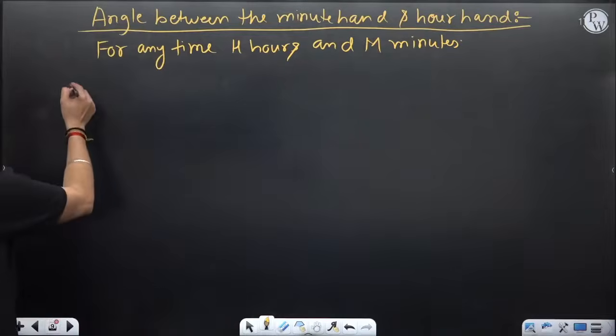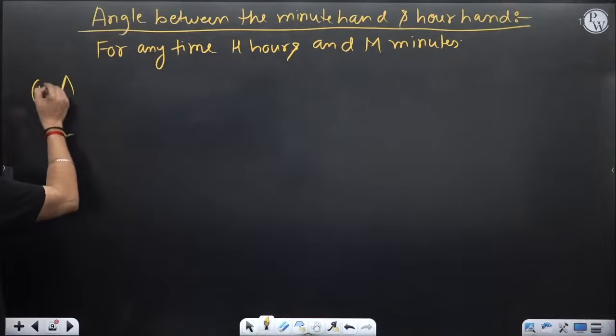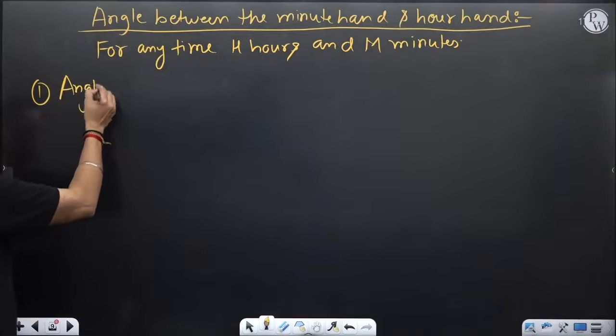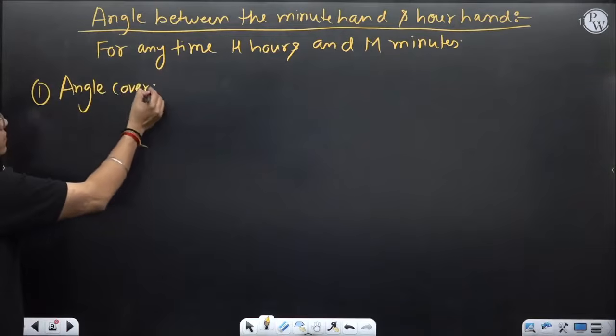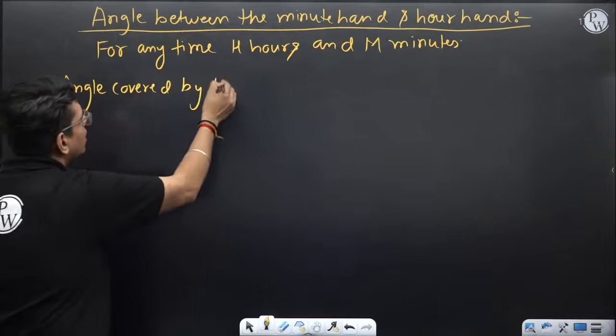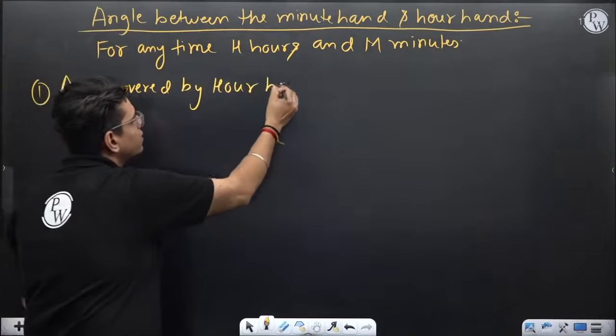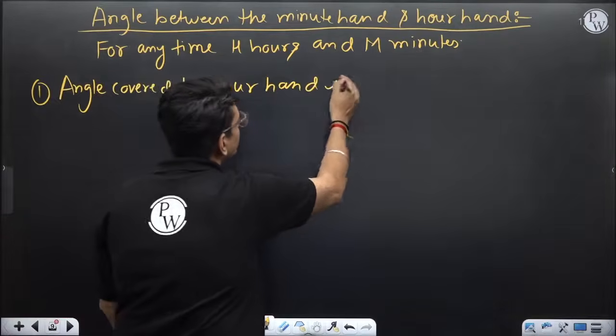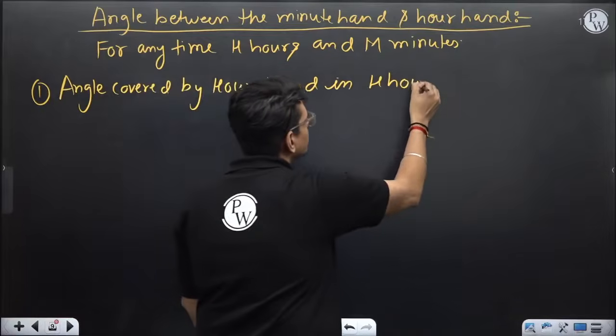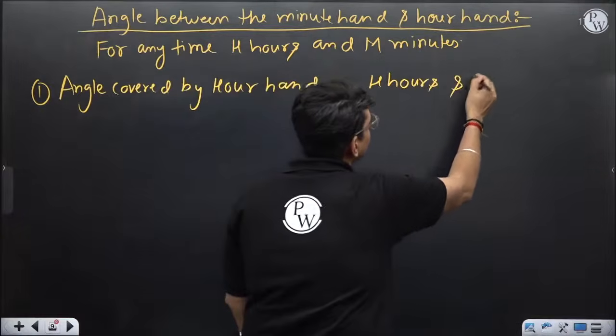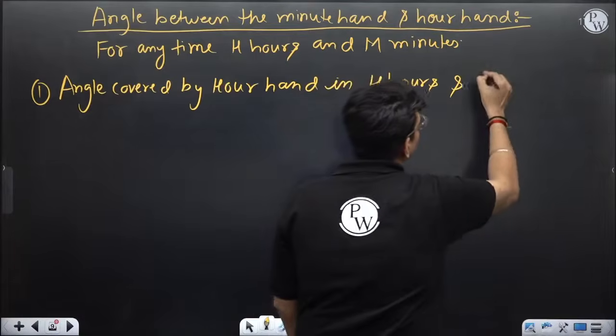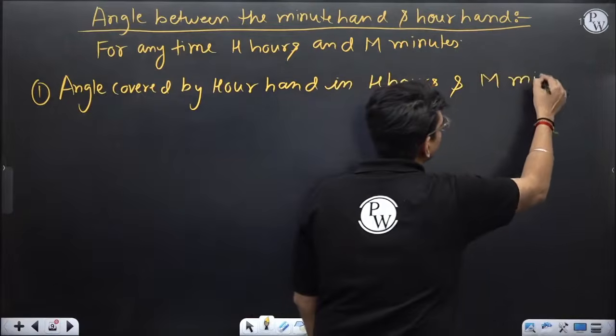Okay, so first is the angle covered by the hour hand in h hours and m minutes.